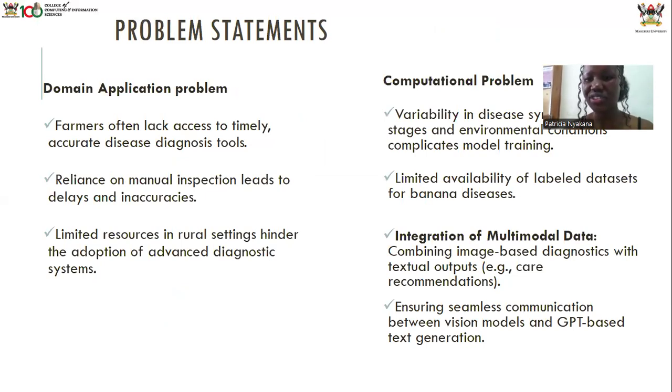Some of the computational problems are that variability in disease symptoms complicates the model training, and the limited labeled dataset constrains performance. Multimodal integration requires seamless communication between the vision models and the GPT.